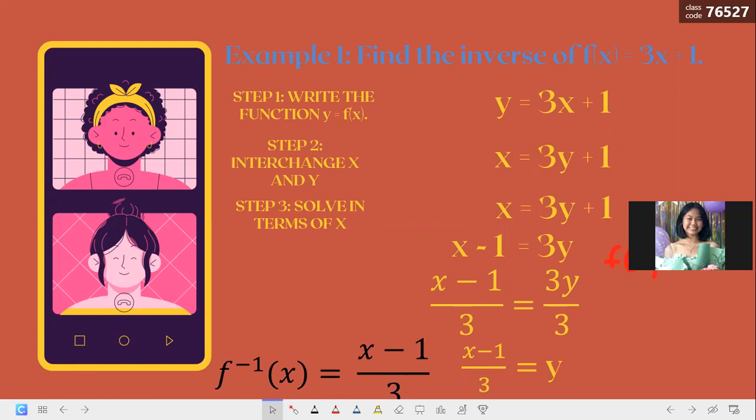So, i-replace natin siya, x minus 1 over 3, plus 1. Pag sinimplify na natin, we can cancel the 3. Ang matitira na lang natin doon is x minus 1 plus 1.